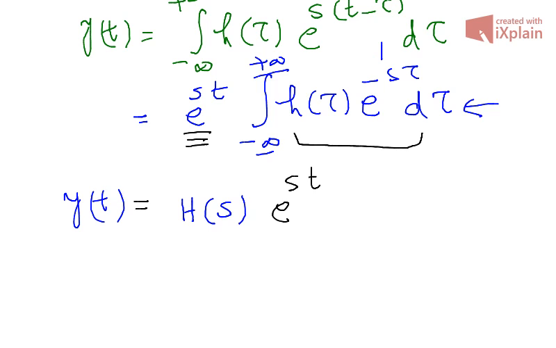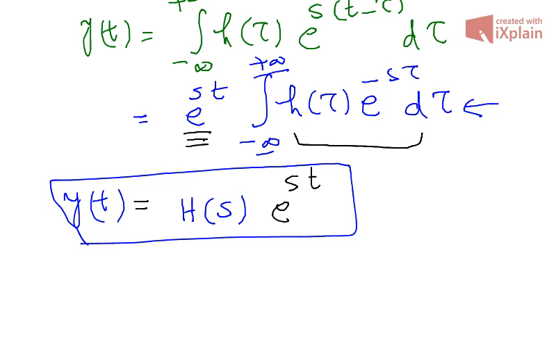You can try this one as well. If you put the limits of tau, you would be left with a function of s only, right? We will see with the help of an example.